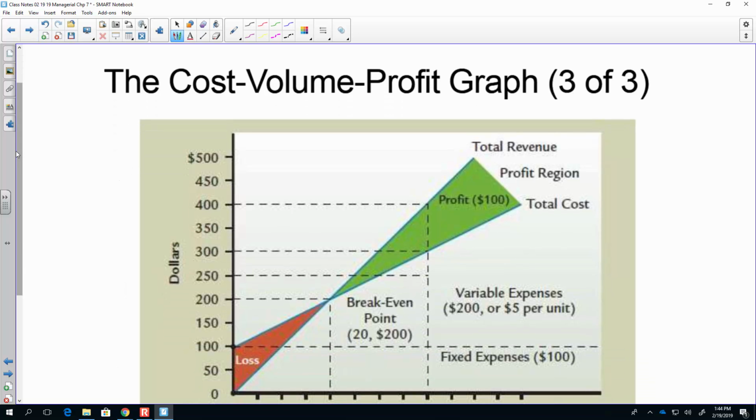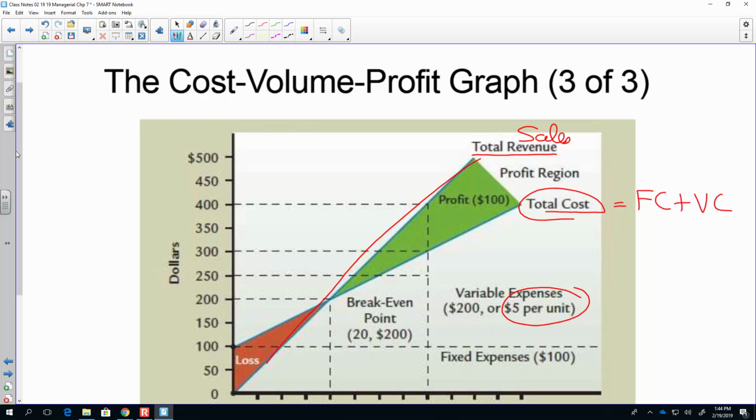If you look at this one, this is total revenue, also known as total sales, this line. And then our total cost is the other line, which is the sum of our fixed cost plus variable cost.